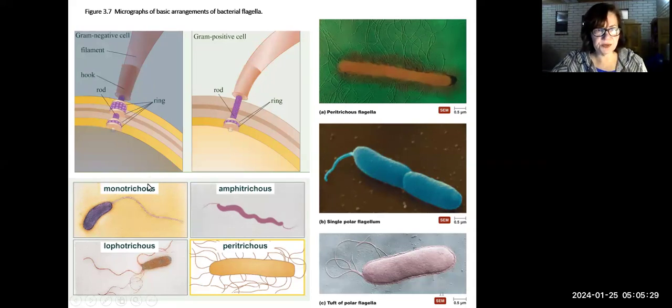Let's see, a few terms. If it has one flagellum or a couple of flagella, or a handful of flagella, or a bunch of flagella, there are different terms for these things.